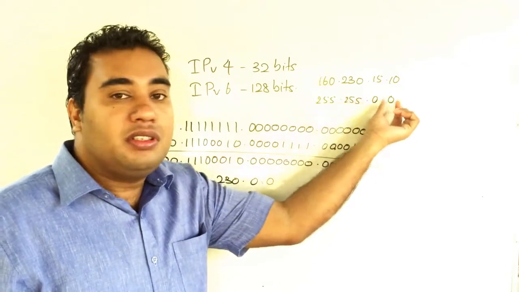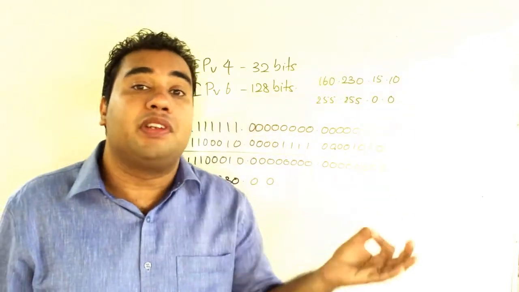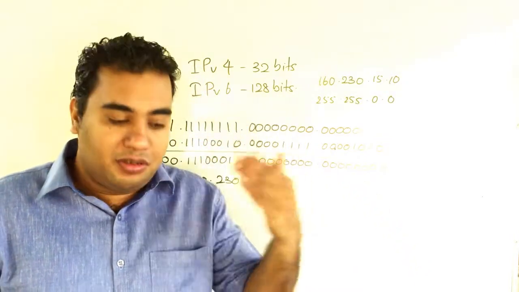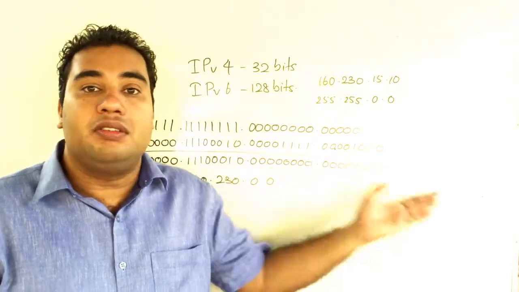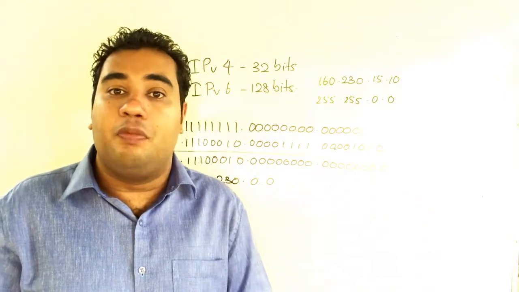And if you have zeros, that will become zeros, because when you perform AND operation, we discussed that if one of the bits becomes zero, the output will also be zero. So these two octets will be zero. Okay, good. Hope you understood the concept up to now.